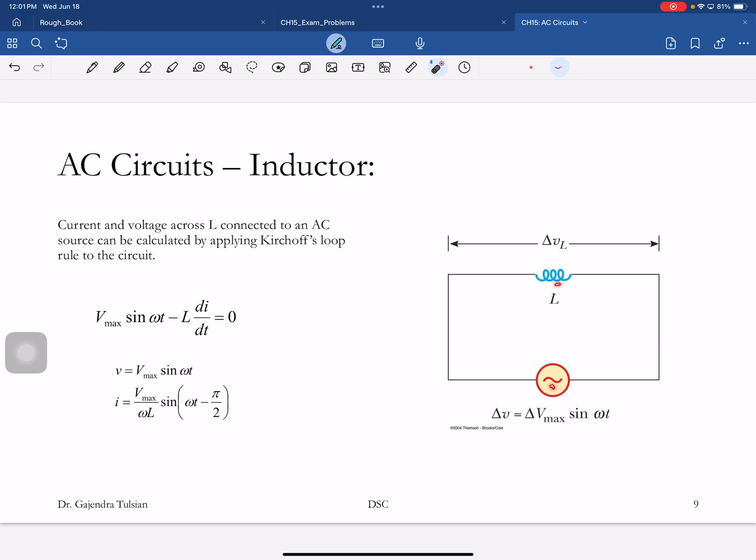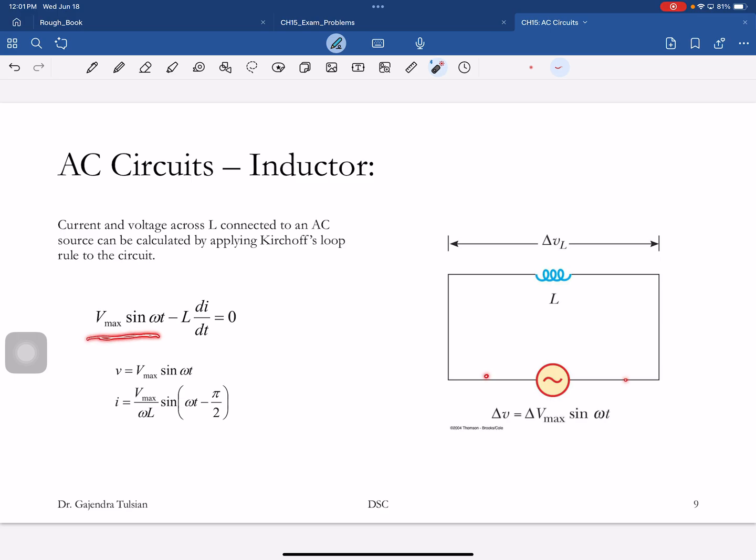All right. So here's an AC source there. For a system that is changing with time, we build a mathematical model. And if it's a differential equation, we try and solve the differential equation. So here's a closed loop. The sum of the voltages around all elements in the closed loop should add up to 0. So you go from here to there.